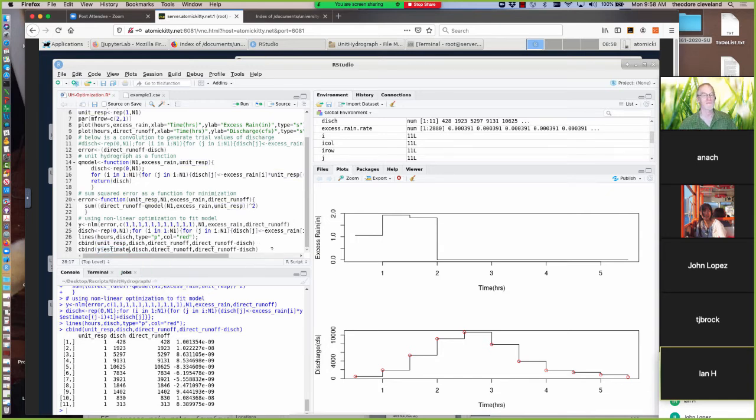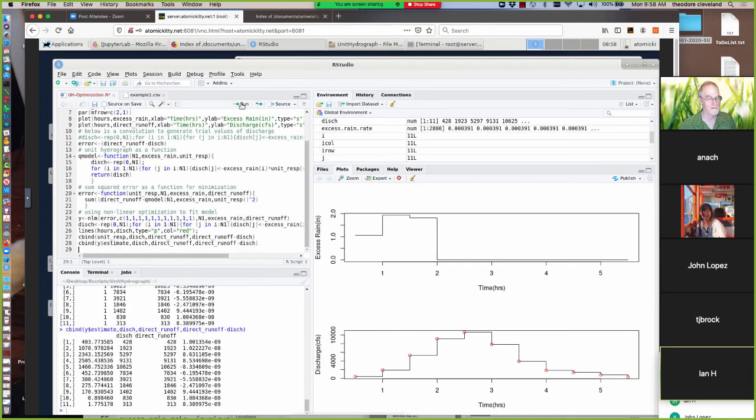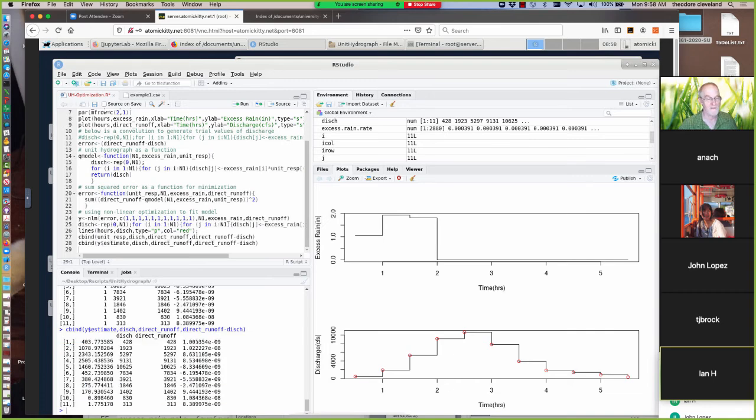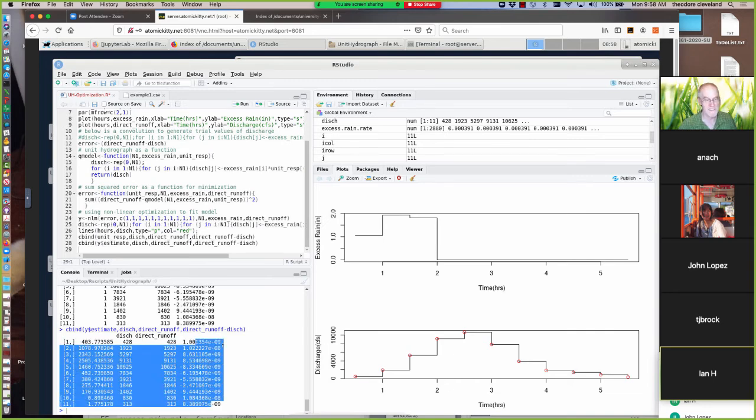I think that's correct. So here are our unit weights computed by optimization. And here's our error vector, the last column. You can see that it's really pretty good.